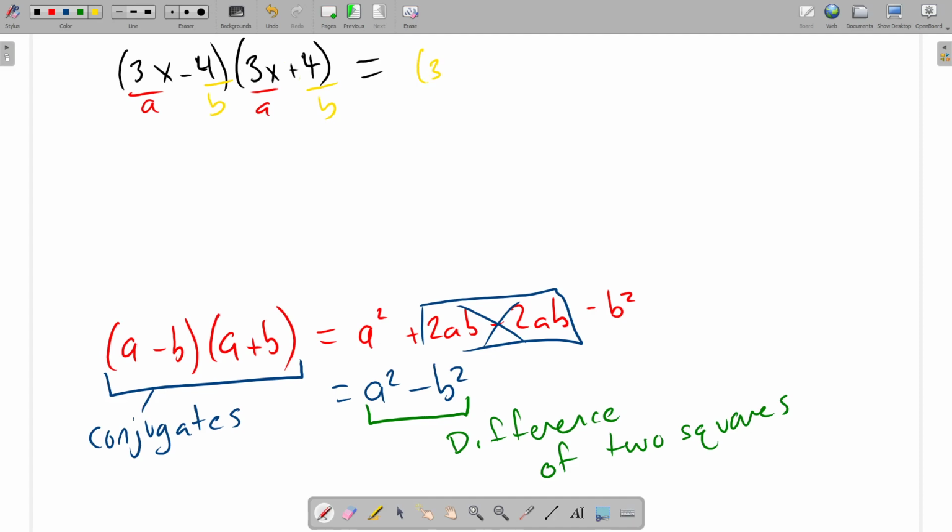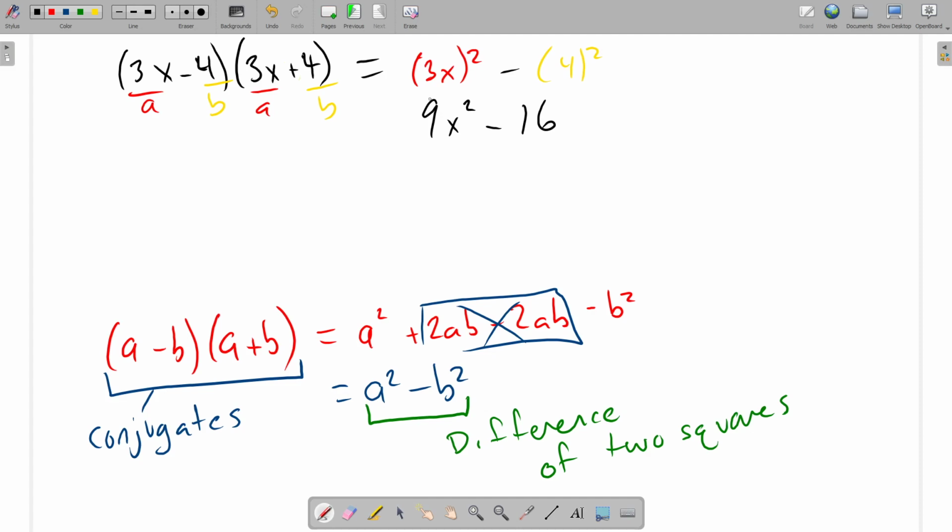So what is 3x squared, and what is 4 squared, and then we just have to put a minus between them. So 3x squared, remembering that we distribute the squared to both the constant and the variable, we get 3 squared is 9, x squared is x squared, minus 4 squared is 16. Just like that, we are at the final answer using the formula.